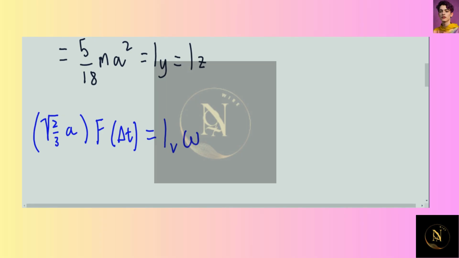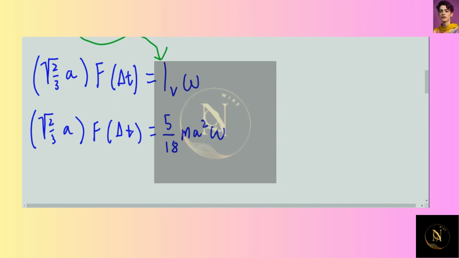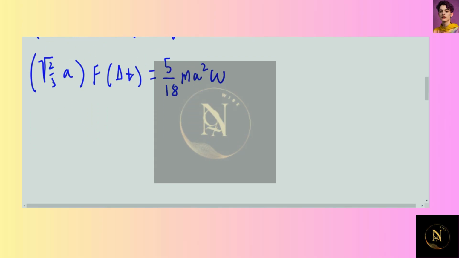So what we're going to do first is replace this expression here and plug it in for I of v. So we're going to rewrite this, and then plugging in I of v, we take this and solve it for the angular velocity.